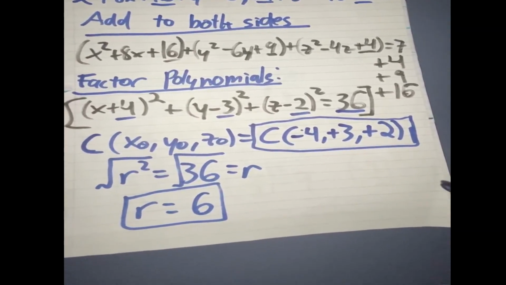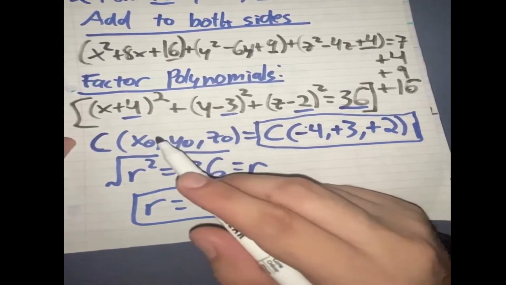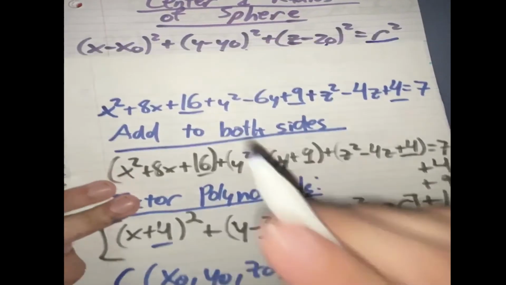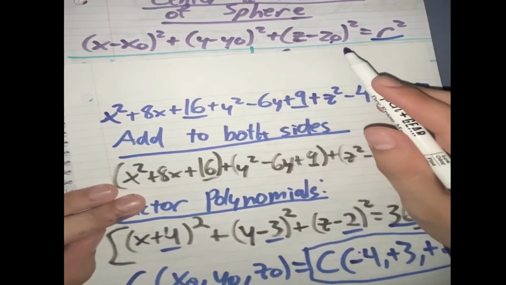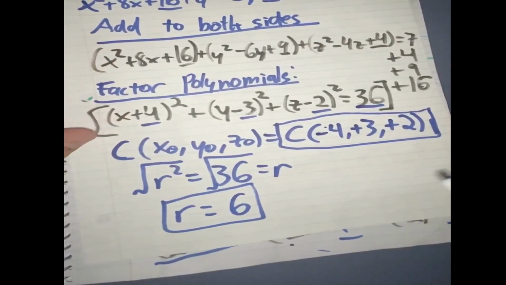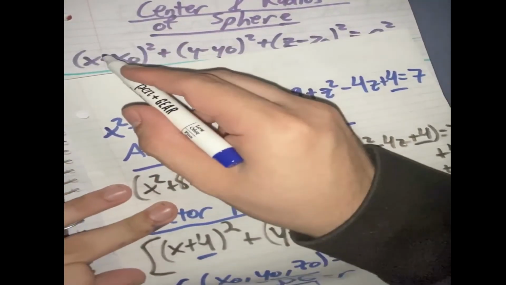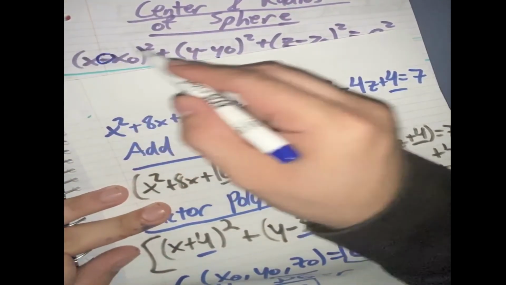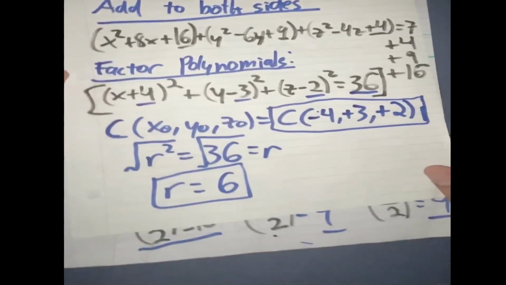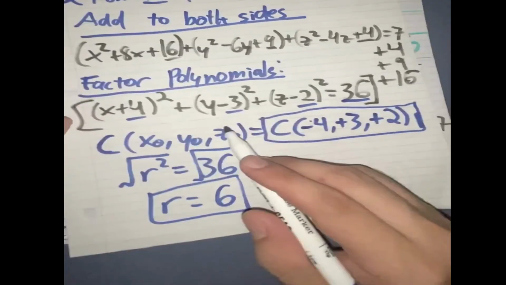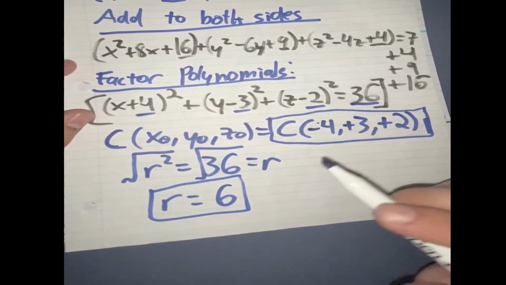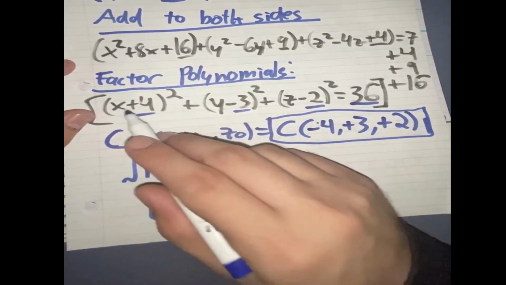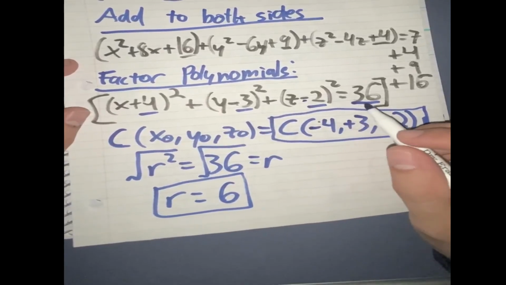And from there, we had to find the center by knowing that this formula is x minus x naught squared plus y minus y naught squared plus z minus z naught squared is equal to r squared. Since we have the minus sign right here, whenever we state what our x, y, and z naught are, we have to flip the sign, because there's an invisible minus sign in front of all of these.